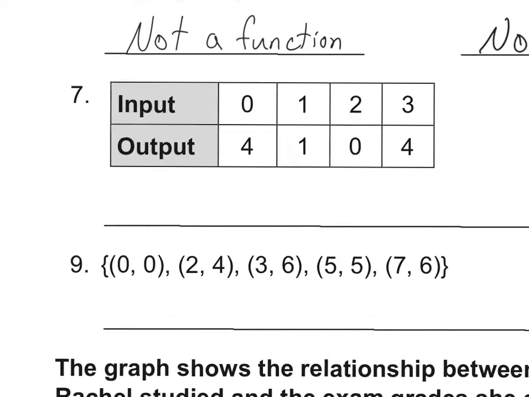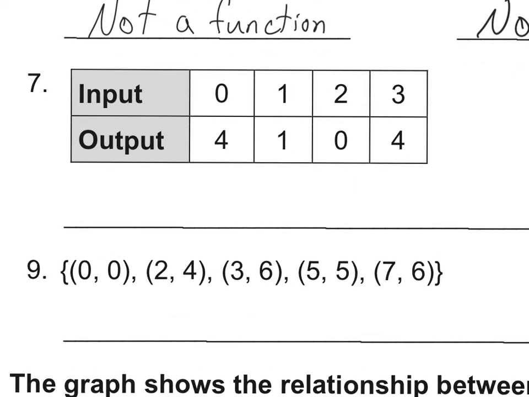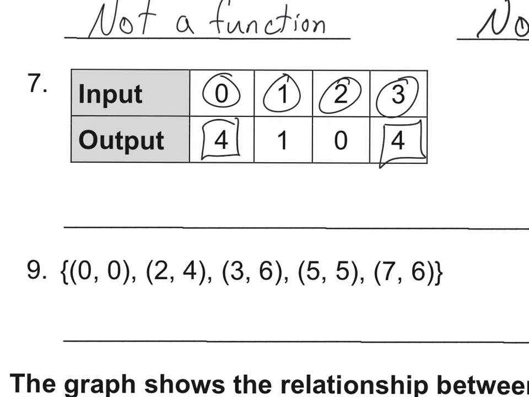Same idea with input and output tables. I have a 0, a 1, a 2, and a 3 for my input. Those are all unique. It does not matter that I have these the same. What matters is that only the input value only points at one output value, each input value.